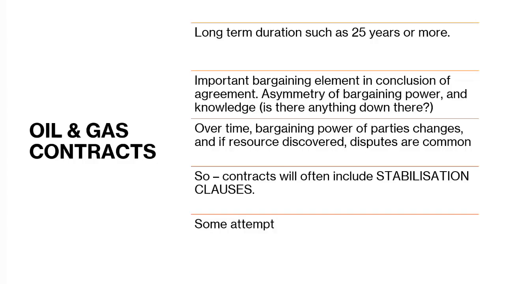And so that's when the state has a better negotiating position to revise the deal later on, if they're successful with the resource. A way of trying to stop this in the contract is to introduce something called a stabilization clause. That is very common in oil or petroleum contracts.